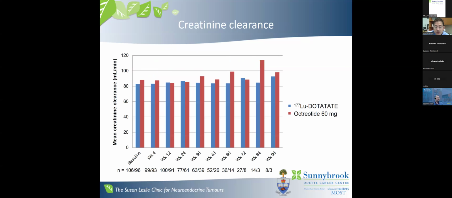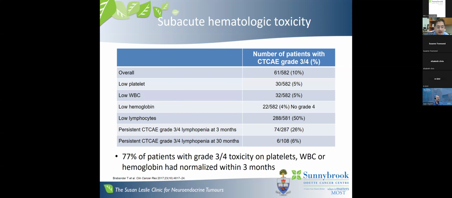As I mentioned, we've probably already shown that the kidneys can be adequately protected with adequate amino acids. So hopefully that toxicity debate has been put to rest. But we still want to show, in a large retrospective series that was done, over 500 patients, that some people actually had some acute toxicity, but most of it seemed to recover within 3 months.